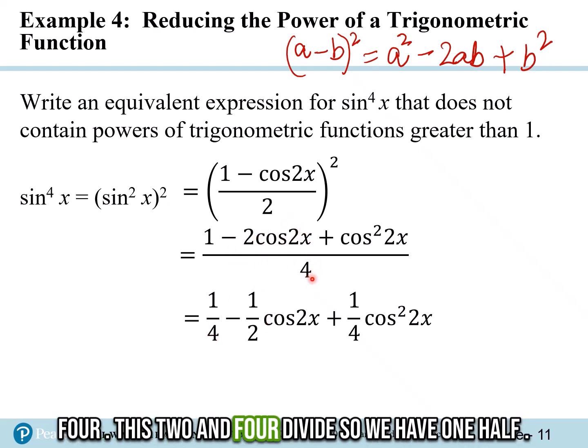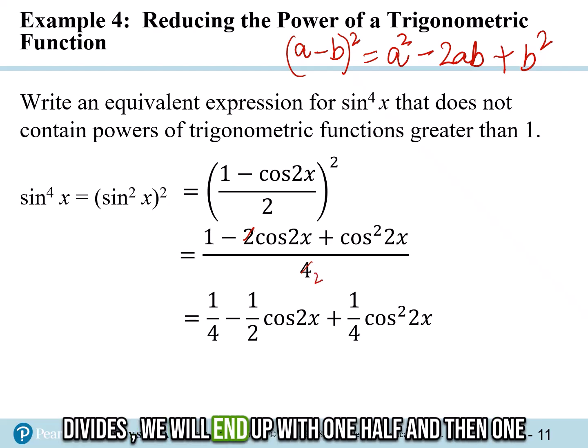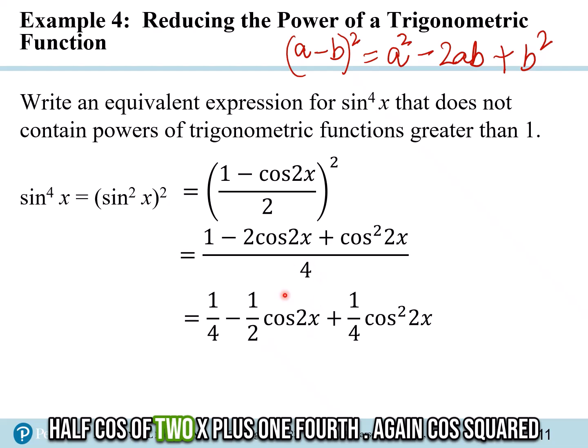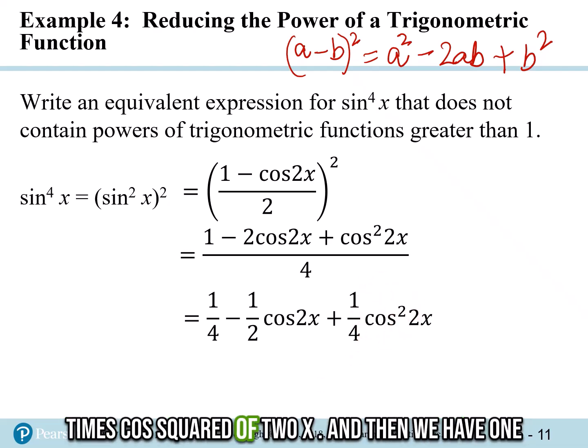This 2 and 4 divide, so we have 1/2. That's why 1/2. And then 1/2 cos of 2x plus 1/4, again, cos squared 2x divided by 4 can be written as 1/4 times cos squared of 2x.